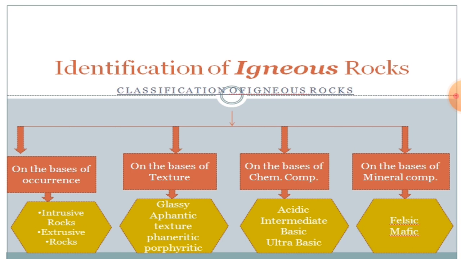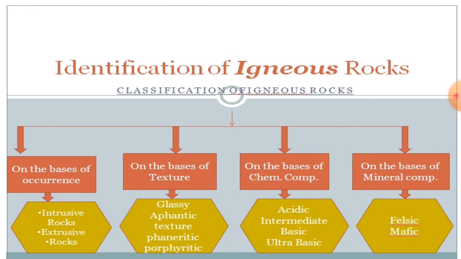The composition of the minerals is feldspar plus quartz. For example, granite and rhyolite. Mafic rocks are those rocks which contain magnesium with feldspars, and the composition is olivine plus pyroxene. The rocks are like gabbro and basalt.